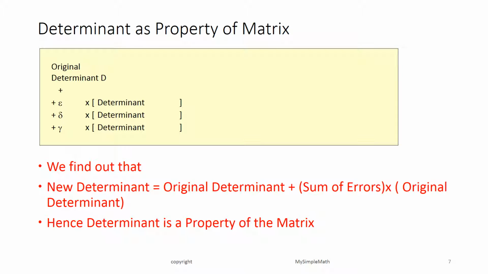And that expression is the determinant. So we find out that the new determinant, or the new variable that we got out of introducing an error into the matrix, was the original determinant plus the sum of these errors, epsilon, gamma, and delta, multiplied by the original determinant.